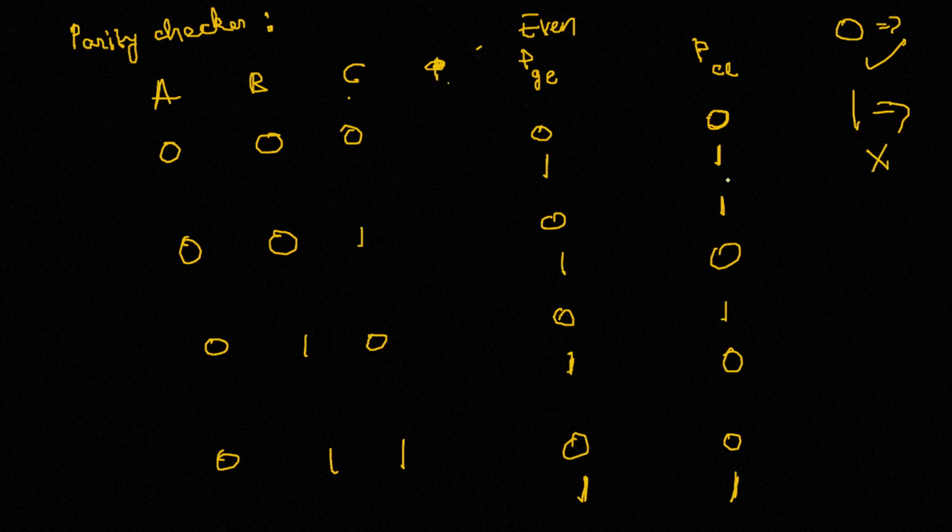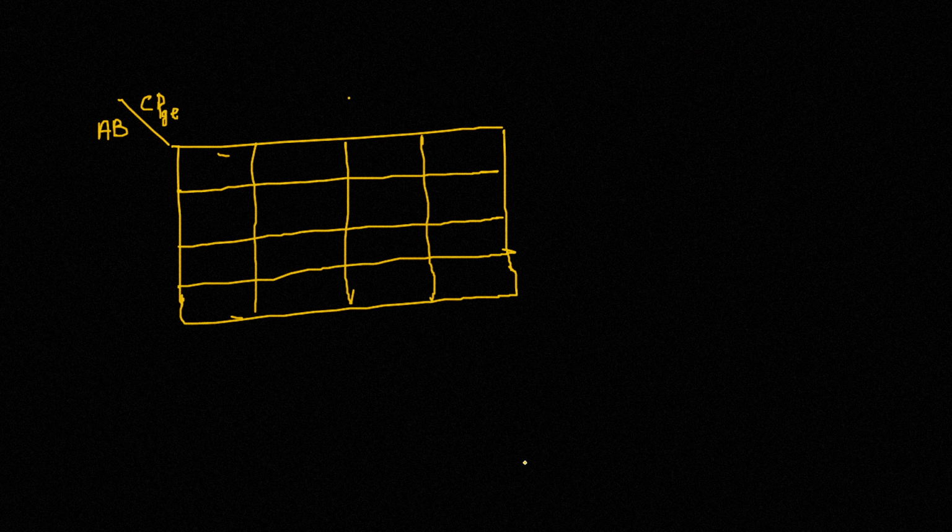Okay, so the parity checker comes out to be 1 for 0001, which is 1, and it comes out to be 1 for 0010, that is 2, and 4. So for 1, 2, and 4, it's 1, and here it's 0.